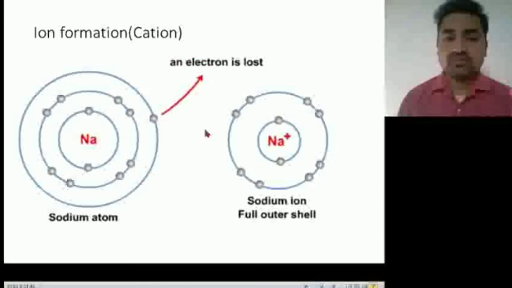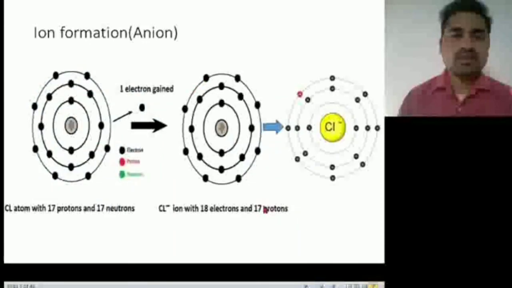Like if it is having 2 and releases 2, it will get 2 positive. But here, sodium has only 1 extra electron, so it loses it and gets stability, because it has all 8 in the second orbit, and now it has become a sodium ion and fulfilled its outer shell.